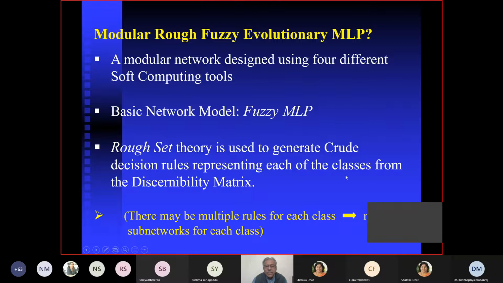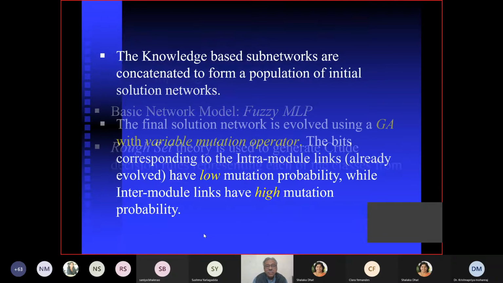Rough set theory is used to generate crude decision rules in the form of rough granules representing each of the classes. And as I mentioned before, a class may have more than one conjunction. That is, a class may be characterized by more than one such granule. That means if the classes are elongated, they will have more than one such granule.